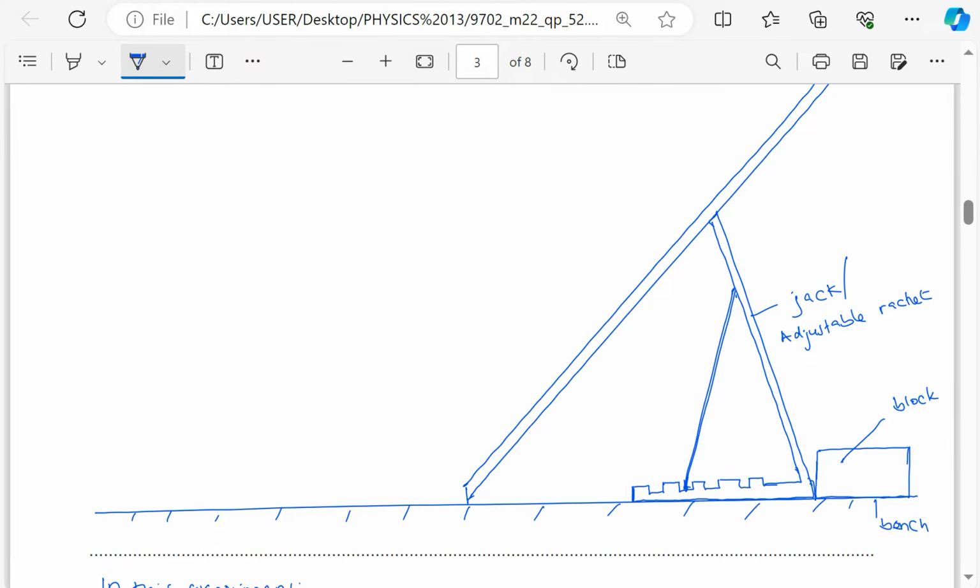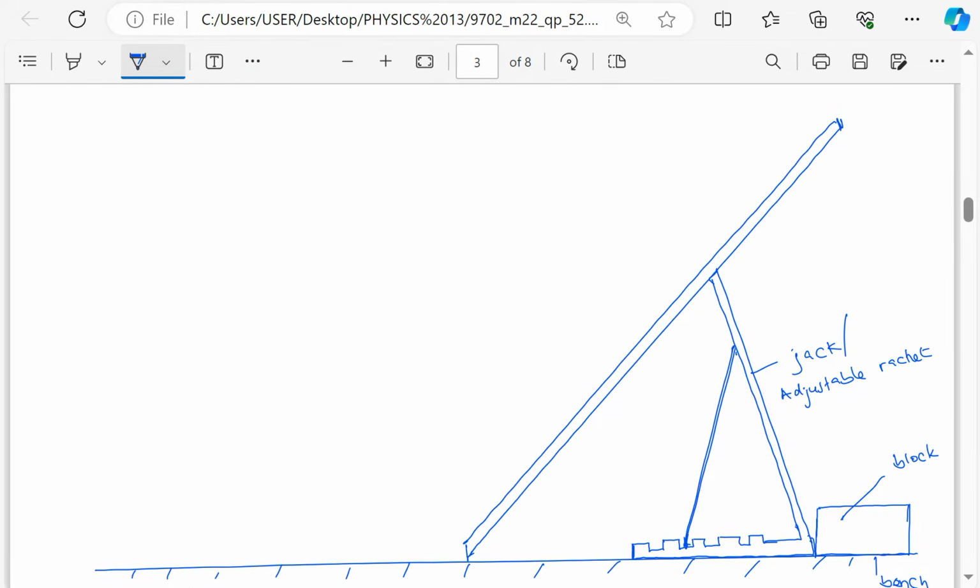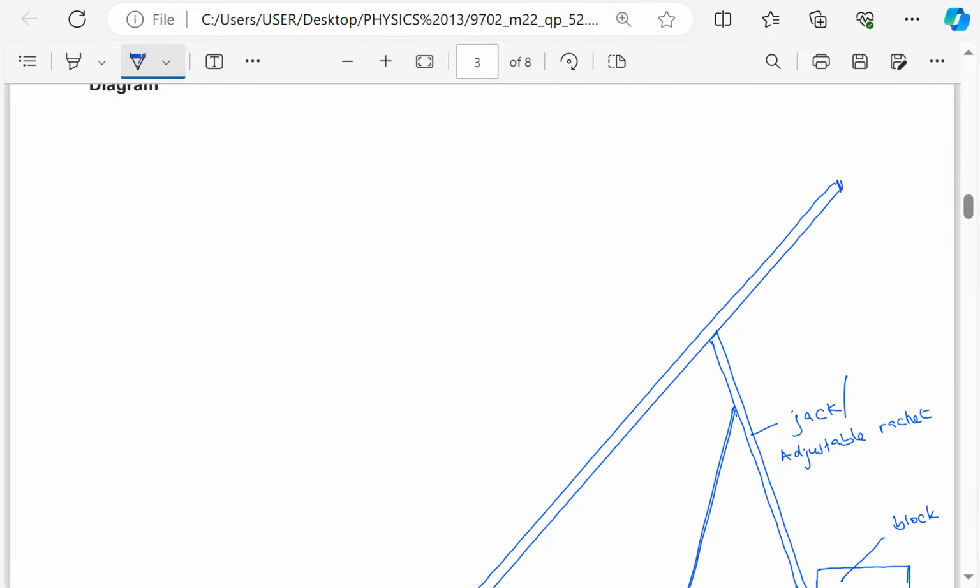So I have to put X somewhere, but before doing that, let me draw the trolley. Okay, so that is the trolley.